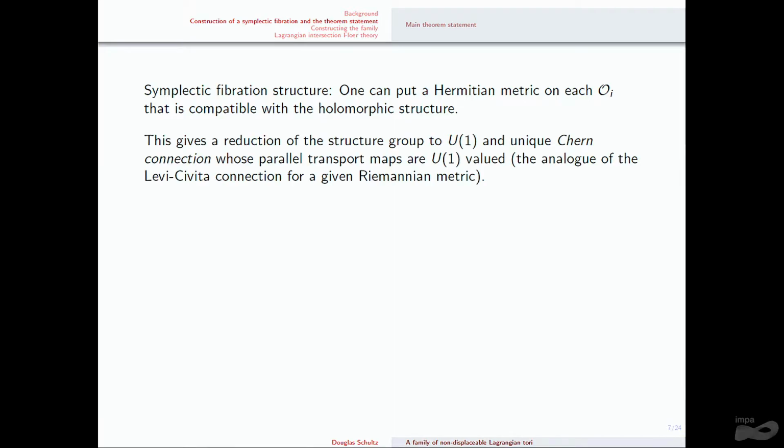Then you get the Chern connection associated to each of these Hermitian metrics and complex structures. This is the analog of the Levi-Civita connection for a Riemannian metric. It doesn't necessarily have to be this connection; it could be some symplectic connection. So you get an induced T^k connection on the fiber bundle, and it doesn't have to be flat.